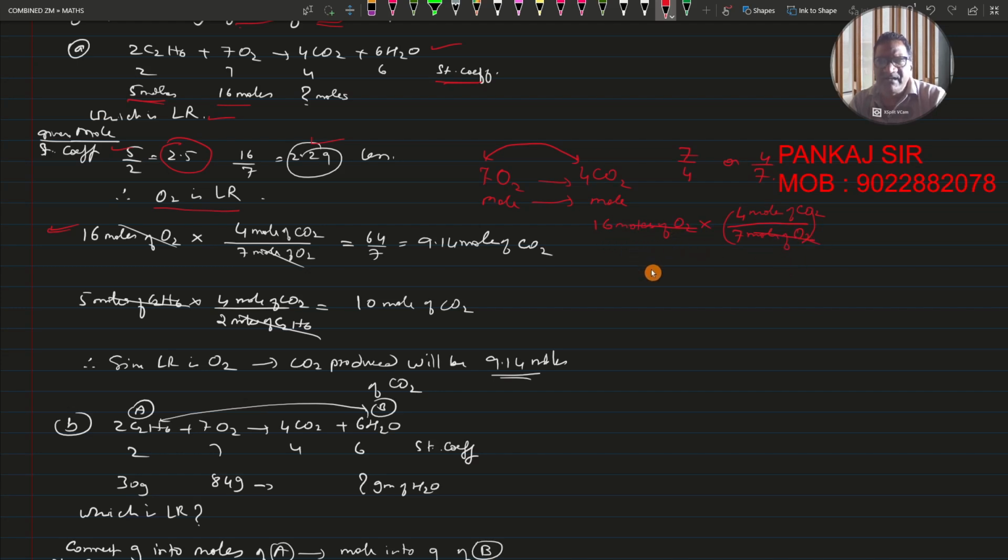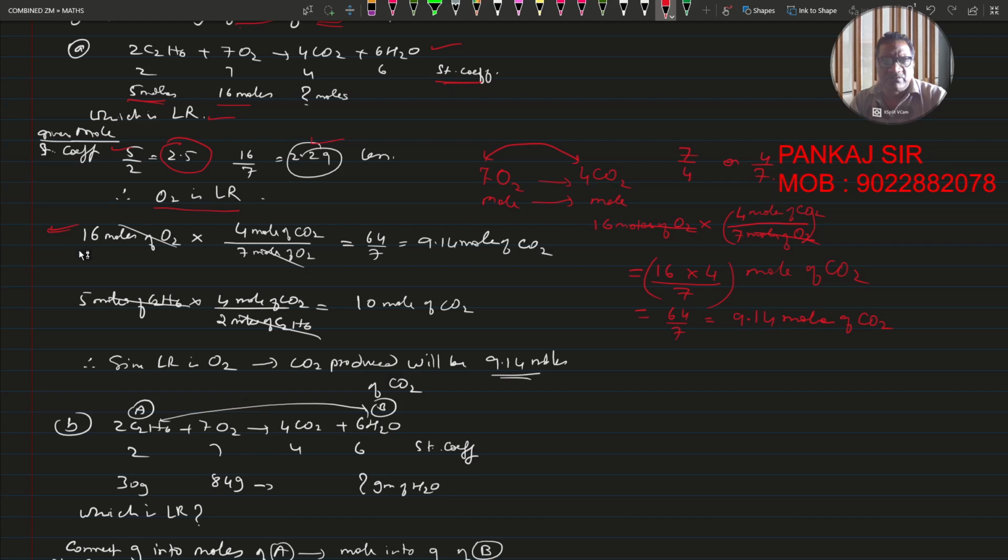Now we are left with 16 times 4 upon 7. This will give you a numerical value, which you write as moles of carbon dioxide. 16 times 4 is 64, divided by 7, which is equal to 9.14. So you get the answer as 9.14 moles of carbon dioxide.